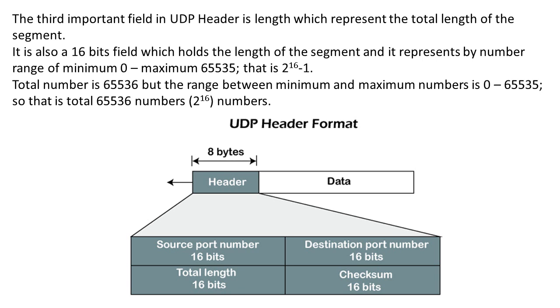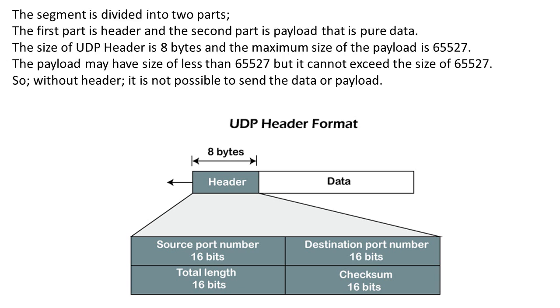The total count is 65,536, but the range between minimum and maximum numbers is 0 to 65,535. So the total is 65,536 numbers, that is 2 to the power 16 numbers.